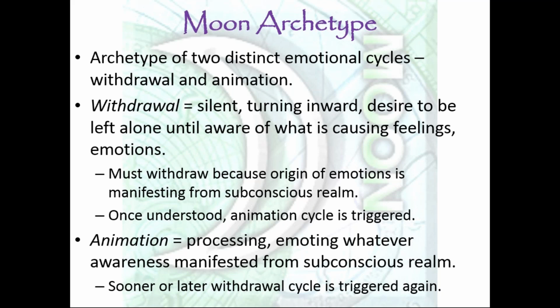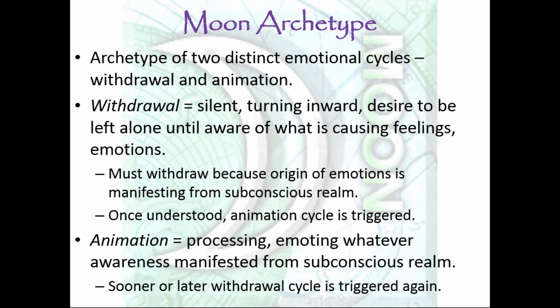Once we understand where the origin of these emotions is coming from that triggered us inward, then the other cycle gets triggered, the animation cycle. And animation is just going out there and emoting. All of a sudden, I want to talk about it. I want to share it. Boy, guess what I figured out?